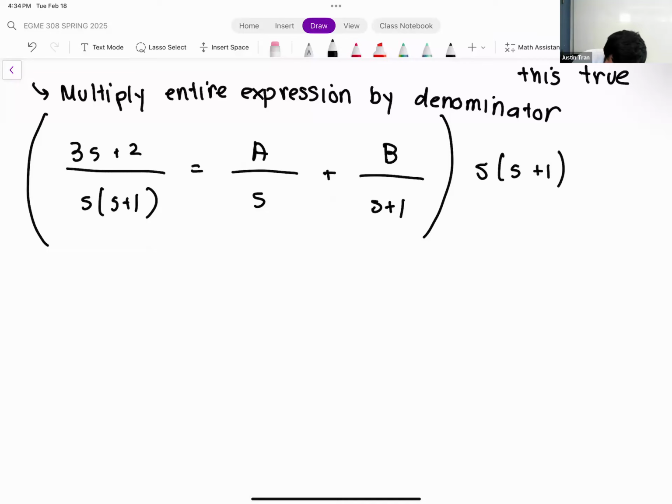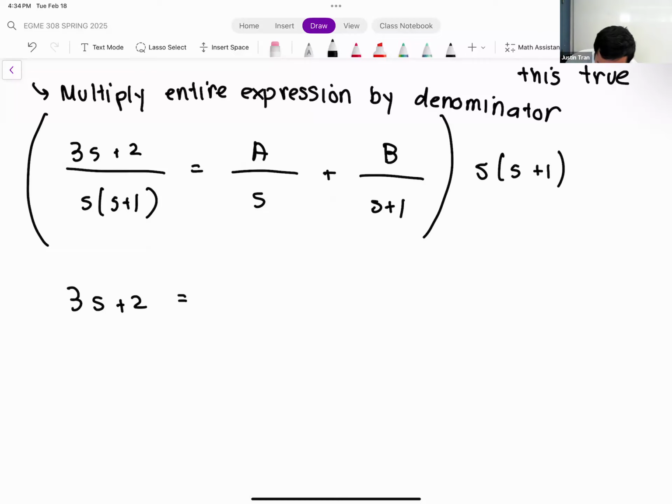And so on the left-hand side, we have 3s plus 2. Okay. So basically on the left-hand side, we just have a cancellation of the denominator. And on the right-hand side, we're going to have partial cancellation. Remember, each component only has one part of that denominator. Okay.